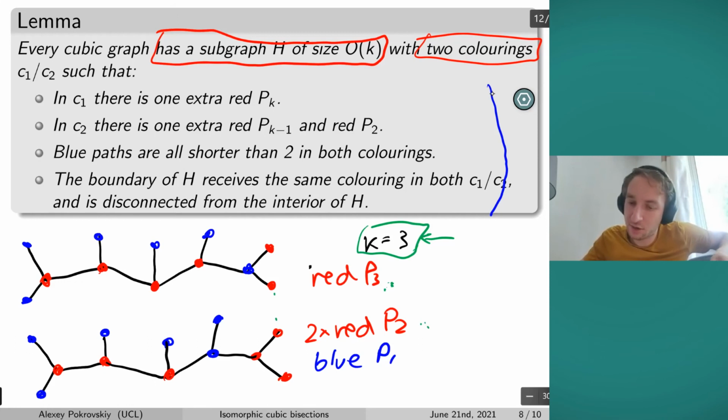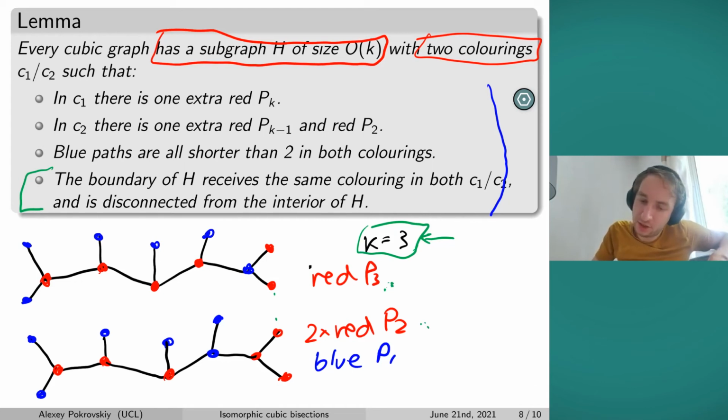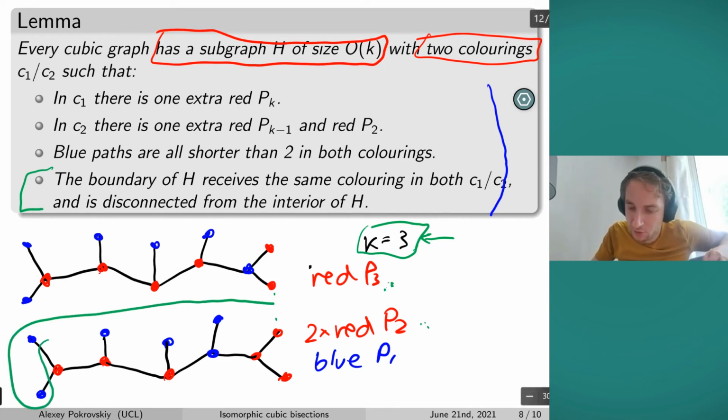There's also another condition that the boundary of the small graph you find doesn't change between the 2 colorings, where the boundary just means the vertices which don't have degree 3.